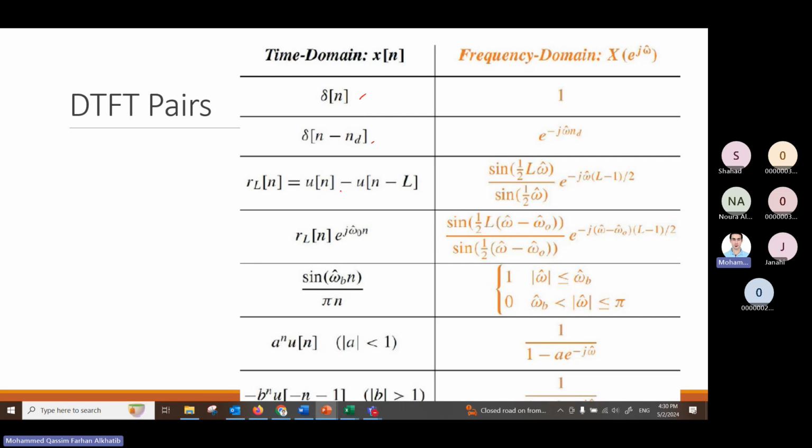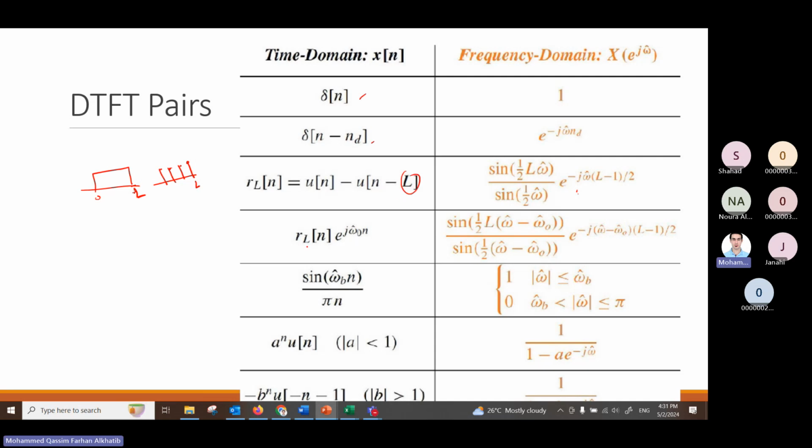This one is a rectangle, u of n minus u of n minus L, basically a rectangle with a length of L, from 0 to L. In the discrete domain, it should be L discrete points. So the DTFT will be this expression immediately; you just need to know the value of L.